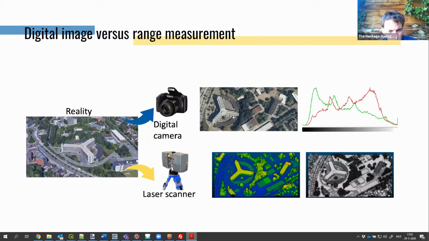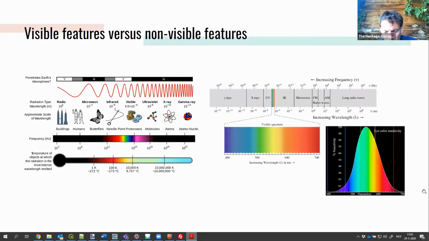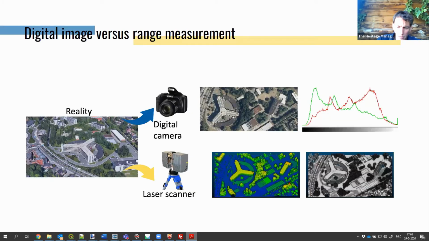What we are doing when we're talking about laser scanning, most of the time, we will just take a small portion of this spectrum, the infrared spectrum, or in some cases also the visible spectrum, and we will emit a certain signal and capture the echo of that signal. But even more, we don't necessarily capture the reflection of that signal.